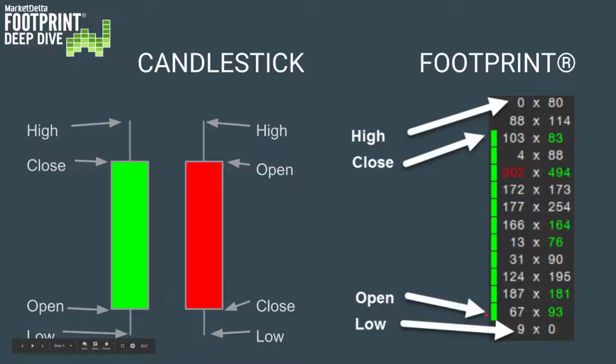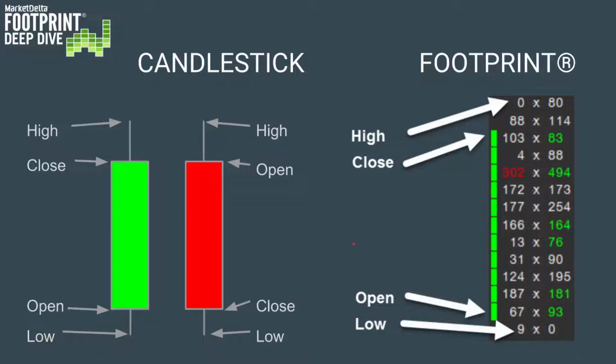It opened at this price, closed at this price, and these two up in here would represent the upper wick, and this low price would be the lower wick, which would represent what you see here. So you still have all the attributes of a candle. It's just now you've got the exploded view, or this understanding within each price of the volume and the order flow.